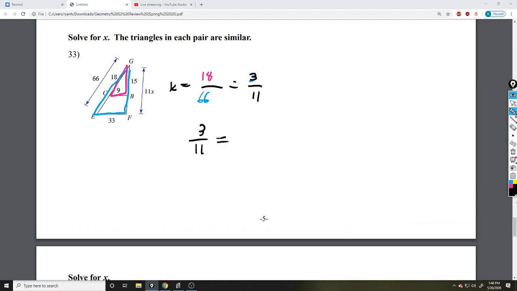And we were trying to solve for 11x. We're trying to solve for what this piece is here. Well, 11x is in the big triangle, so that means it's going to go on the bottom. And what's going to go on the top, we have... Oh, the matching side in that triangle is 15. 15 goes on top.